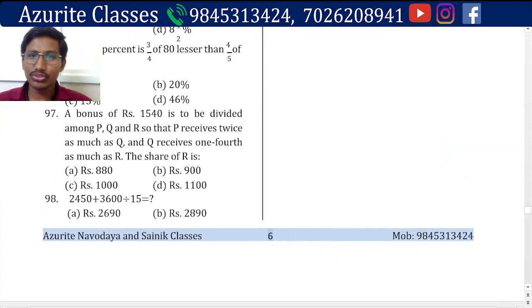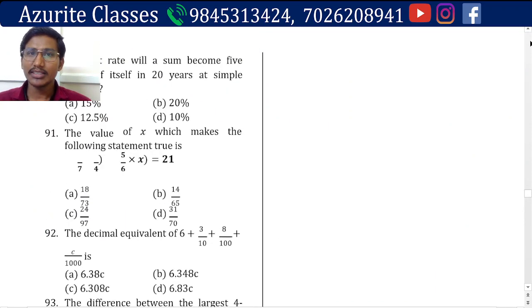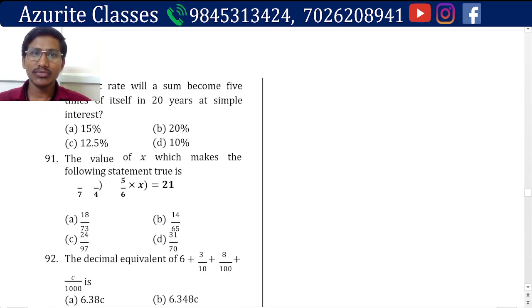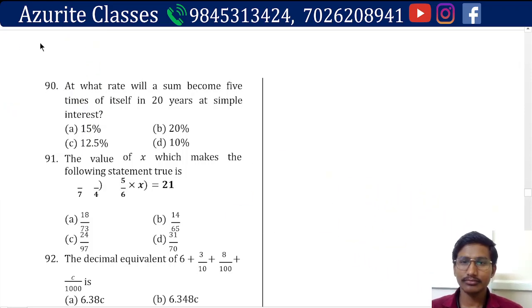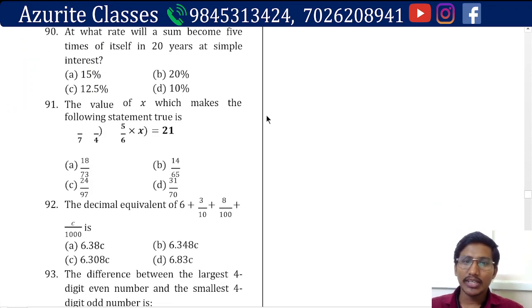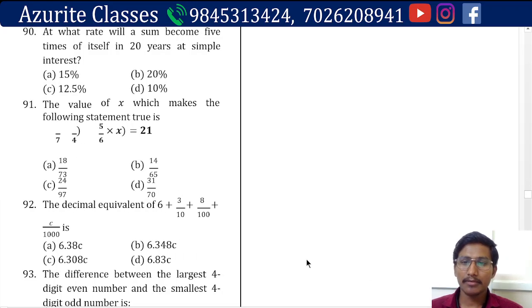Should we go to the next question, that is 90 question? Okay, let us do 90 question now. At what rate will a sum of money become 5 times of itself in 20 years at simple interest, they are asking.